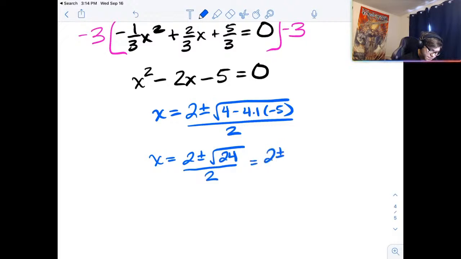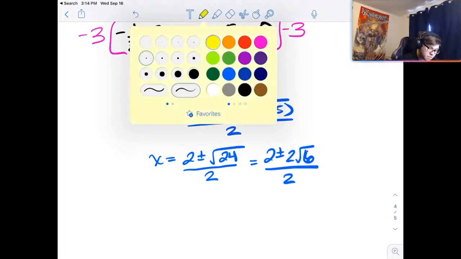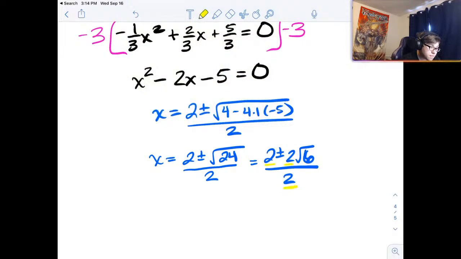And furthermore, I believe that the square root of 24 can be reduced to, oh, sorry, I was thinking about a 4 being under the root. It reduces to 2 root 6, and this whole thing is divided by 2, and since all of these coefficients are divisible by 2, I'm going to go ahead and reduce them all away. And I believe that my final answer is 1 plus or minus the square root of 6 as far as the x values are concerned.